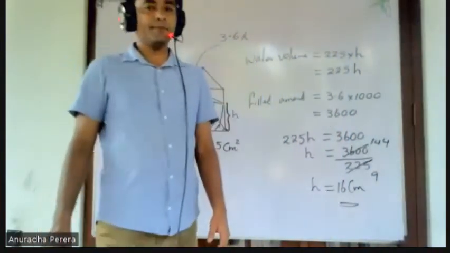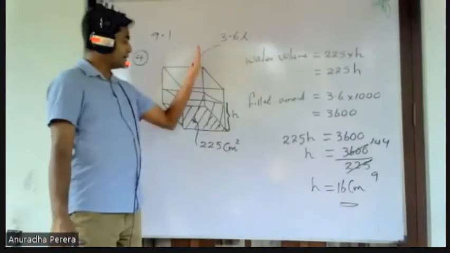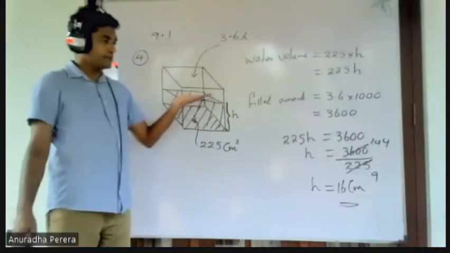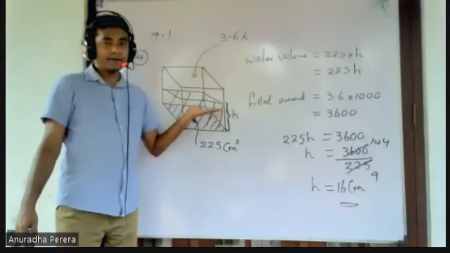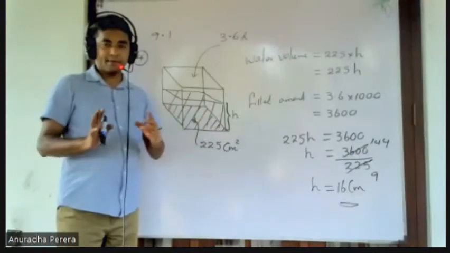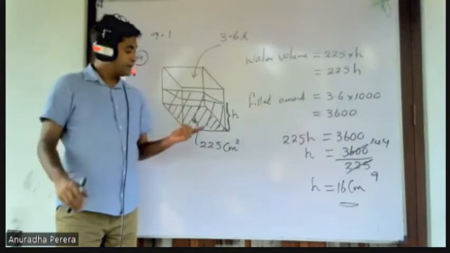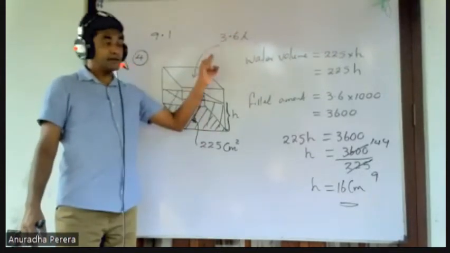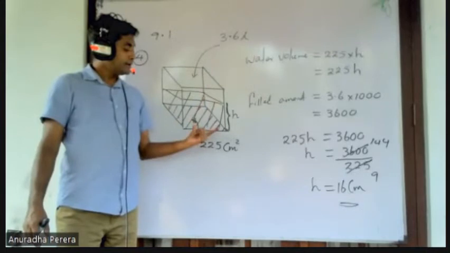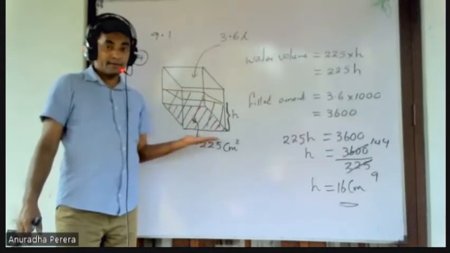The volume can be represented using area and height. The same thing can be represented using different measurements. The filled amount is 3.6 liters and the area is given; we need the height.